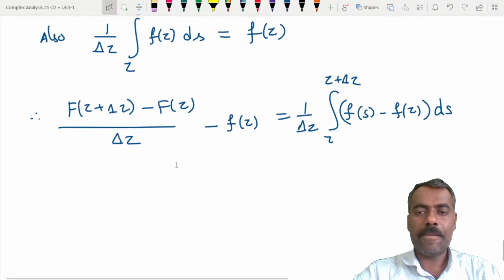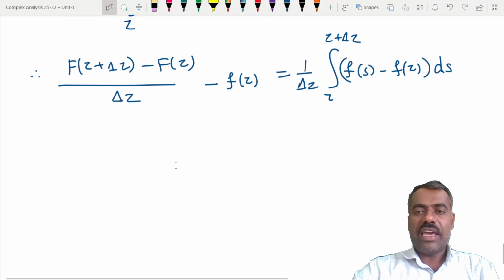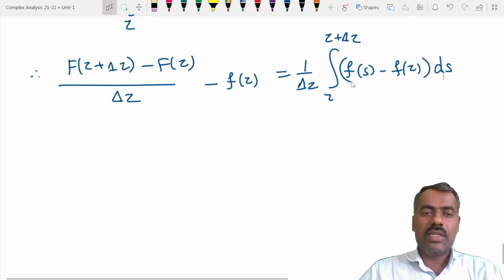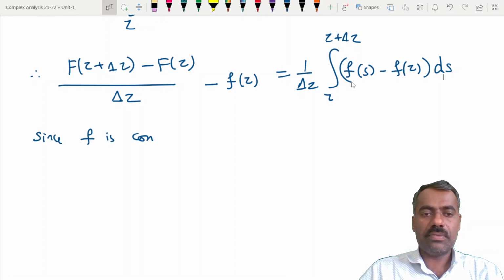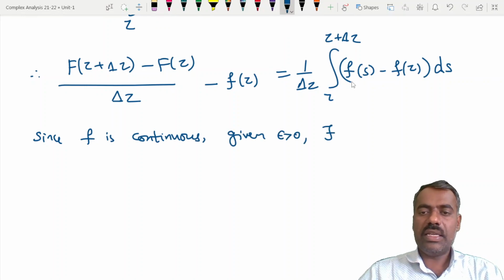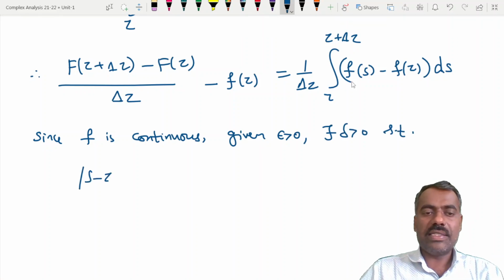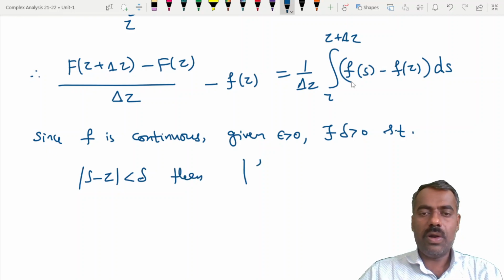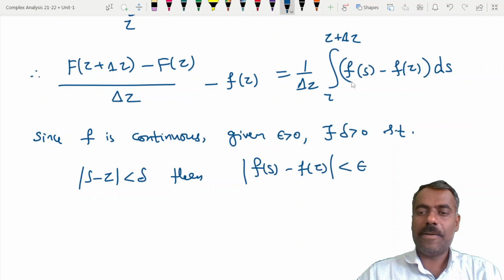Now because f is given to be continuous, for a given epsilon greater than 0, there exists a delta greater than 0 such that whenever mod s minus z is less than delta, then mod f of s minus f of z is less than epsilon.